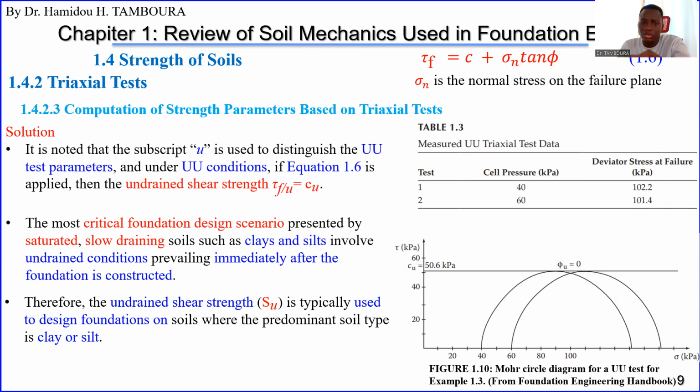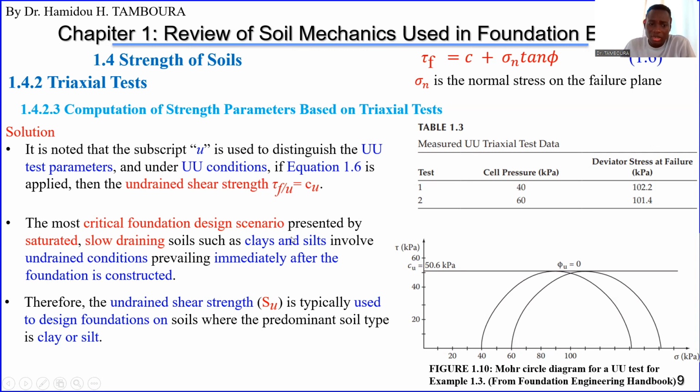So it means that if you have saturated clay or silt, you will have undrained condition immediately after the foundation is completed, if you are building a foundation on this type of soil.